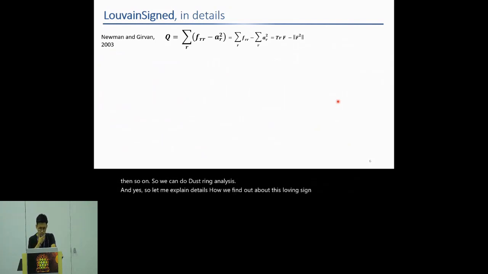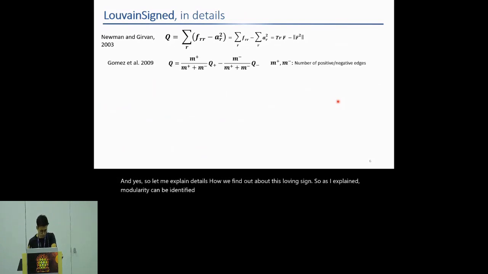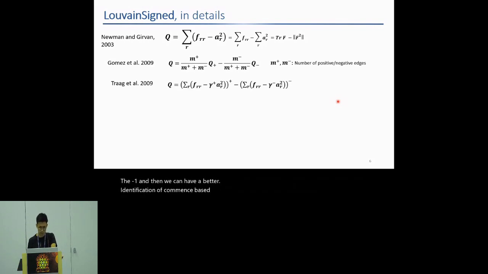So as I explained, modularity can be identified like this one, and was proposed by Newman and Girvan, and it's been used since then. But then later on, Gomez introduced signed networks. Okay, so how about when we have signed networks? If we have a positive one and a negative one, we just subtract the negative one, and then we can have a better identification of communities based on this new modularity.